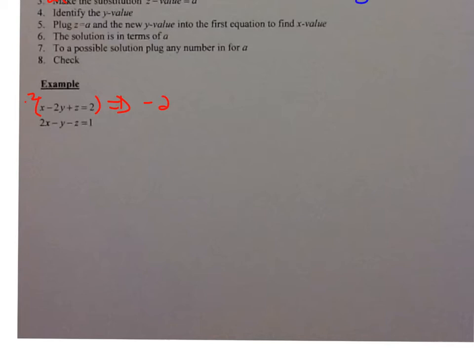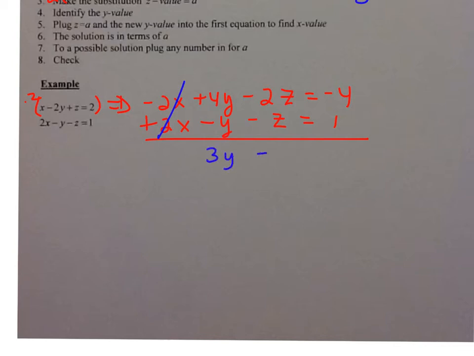So that was -2x plus 4y minus 2z equals -4. I'm going to keep the bottom equation the same: 2x minus y minus z equals 1. And now I'm going to add them together. And the -2x and 2x cancel out. So I'm left with 3y minus 3z is equal to -3.